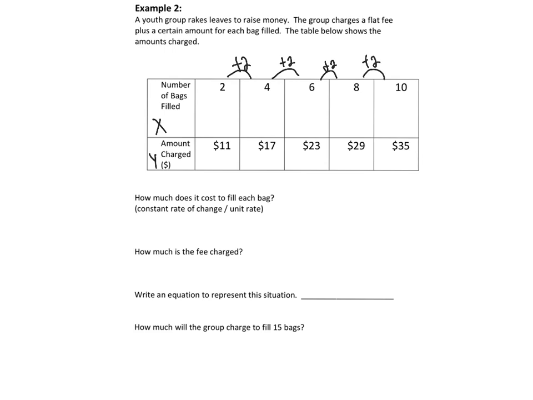For the bottom, we're going up by 6. And remember, I like to add that extra column so we can figure out our base fee.